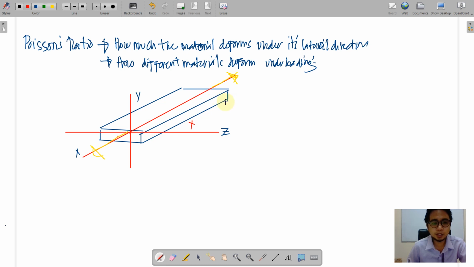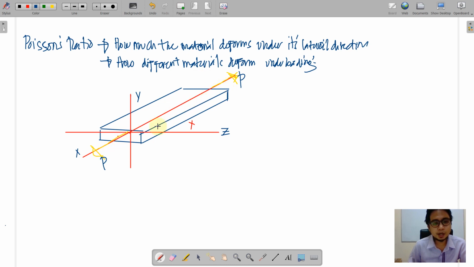And if we have a deformation from the original length, there will be a strain on it, right? Because a strain is just the ratio of the deformation to that of the original length.